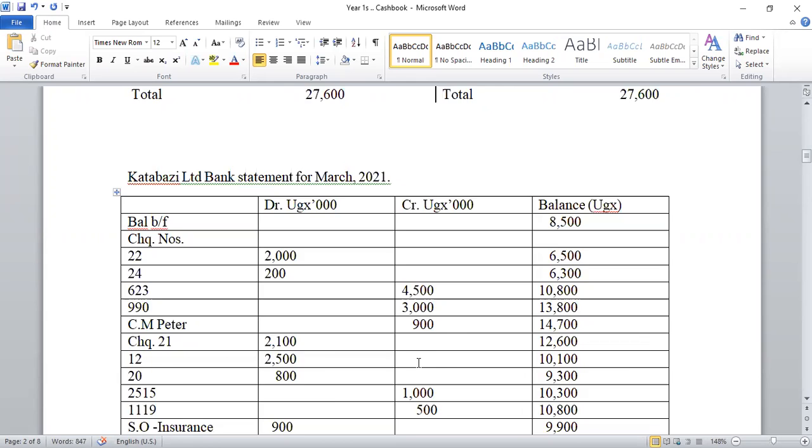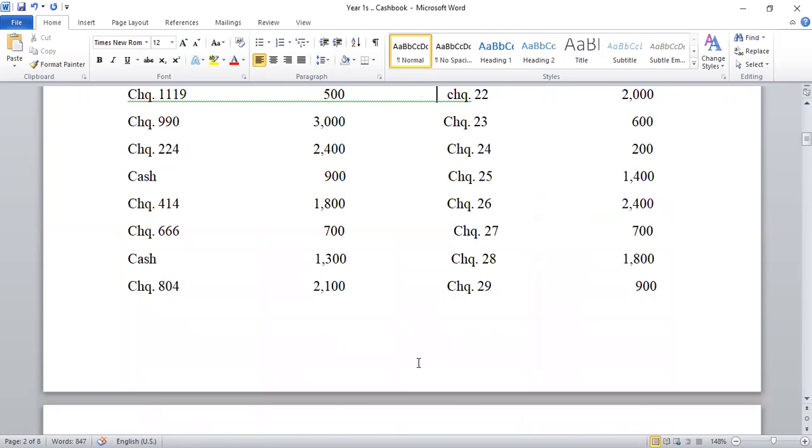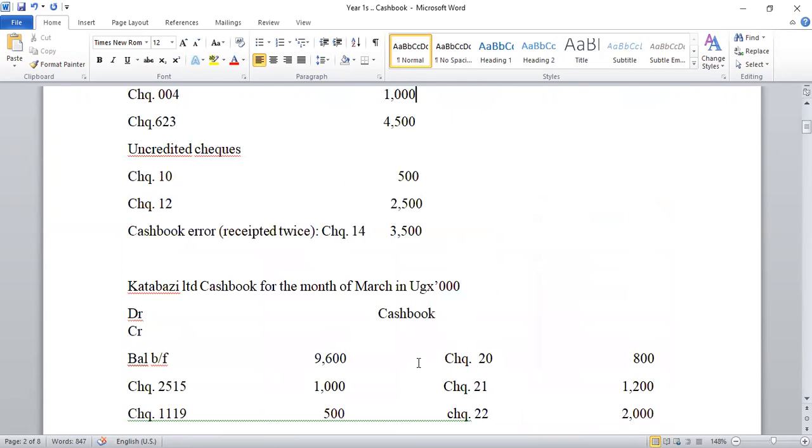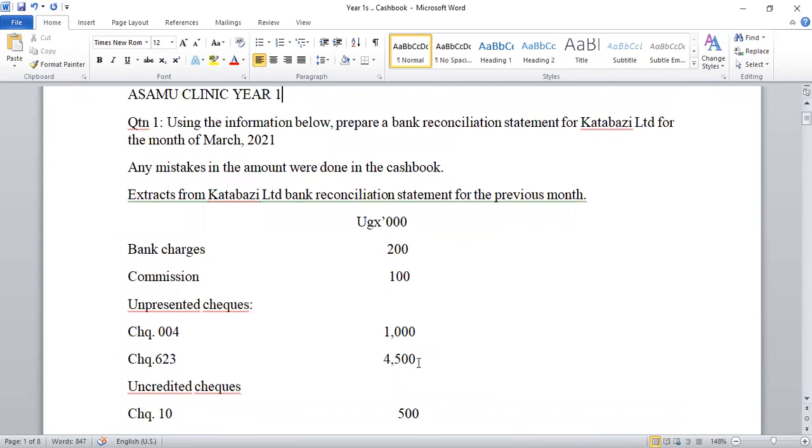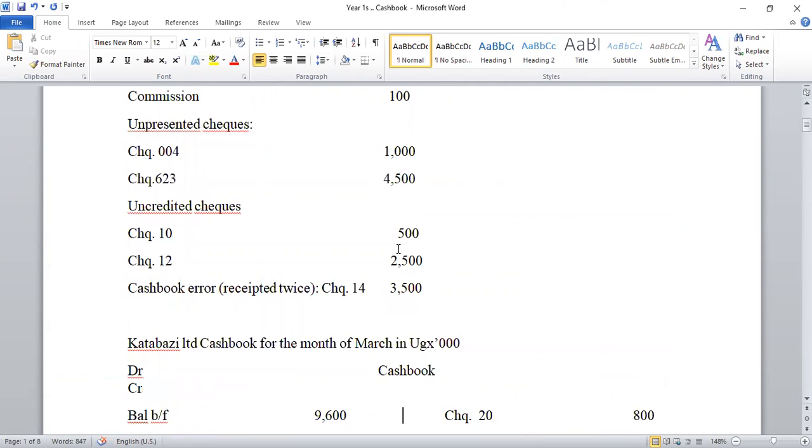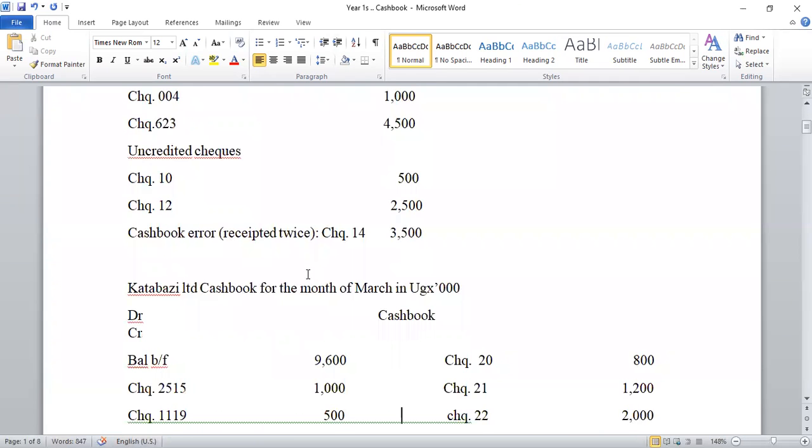Okay, like this question number 1. If I may just take you there briefly. So this is the bank statement. Then they're saying they did a reconciliation for the previous month. So this is what we are talking about, opening balances of the month that we are in right now. So we're in March.